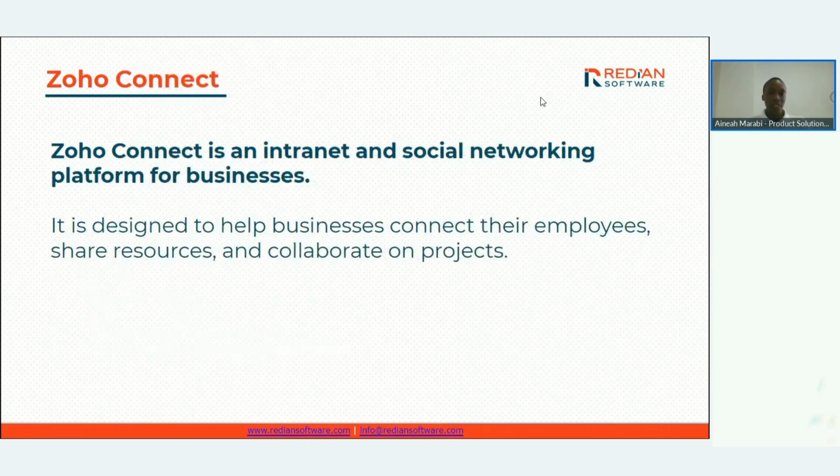The next application in the Zoho Workplace suite is Zoho Connect, and it's similar to other social networking applications. Zoho Connect is an intranet and a social networking platform for your business. It's designed to help businesses connect with employees, share resources, and collaborate on projects. You can engage in discussions, share updates, and collaborate.